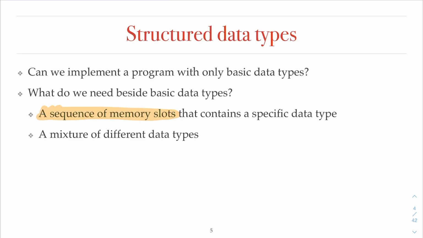The second structured data type that we are going to talk about is a mixture of different kinds of data types. Think about a situation when you have to describe, let's say, a book or maybe a student. A student has a lot of information. They may have their student ID, their name, their address, their score, and so on and so forth.